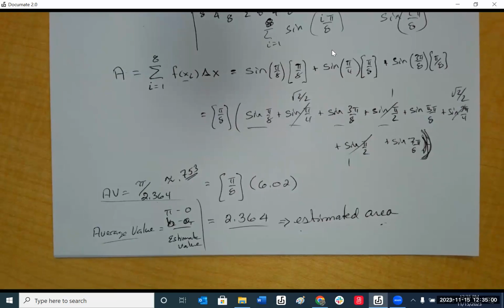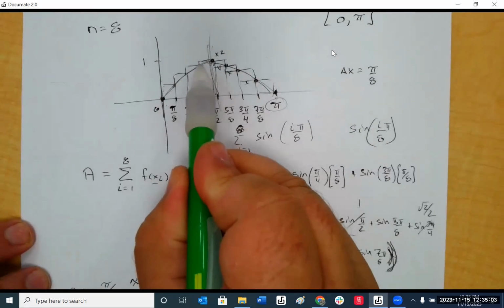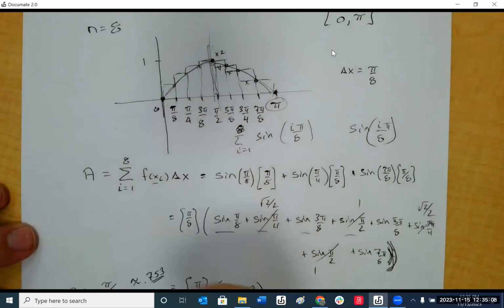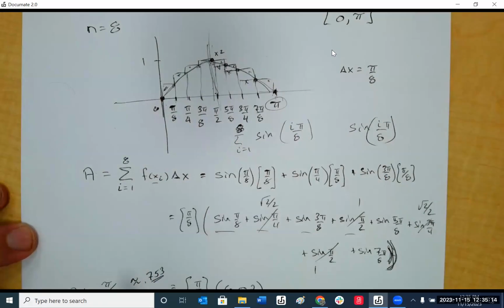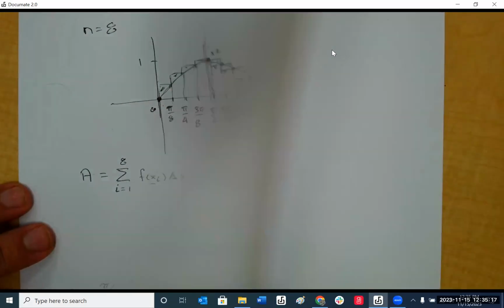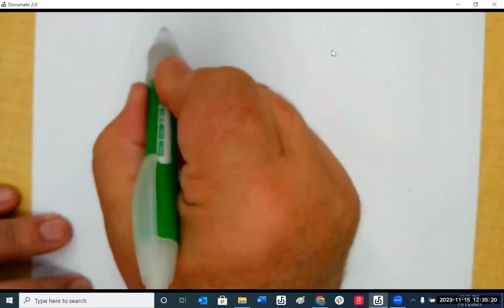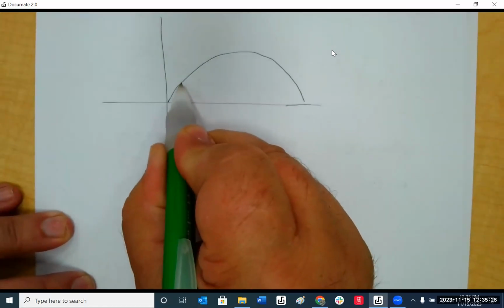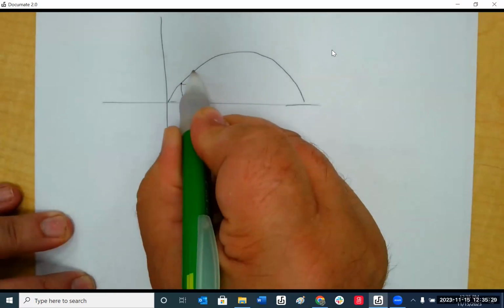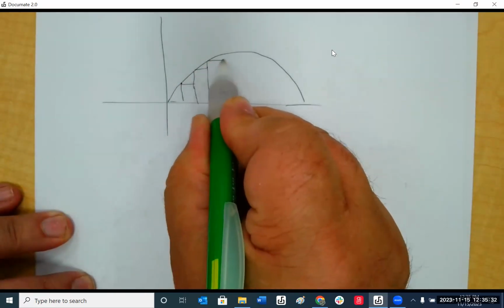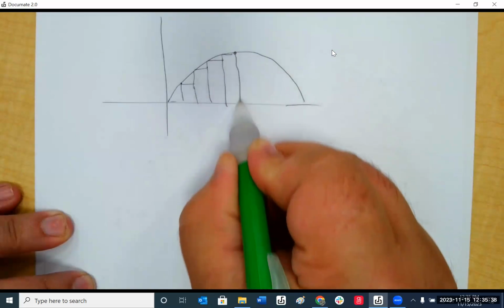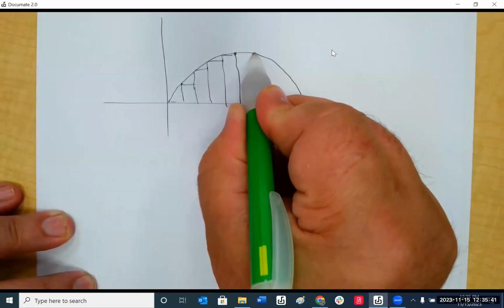Right, because we started and we're looking at the upper sum. We know it's the upper sum because we have wasted area here. So we have to get wasted area over here. If we had the other way, if we had the lower sum, then we have to continue doing the lower sum.